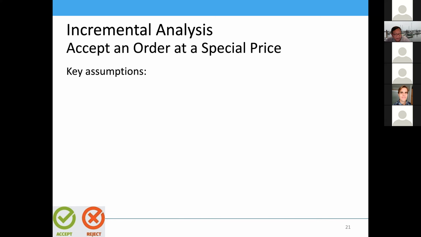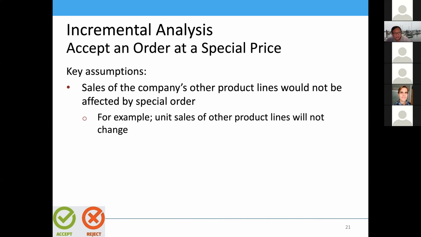The first assumption is that the special order does not impact the normal sales.